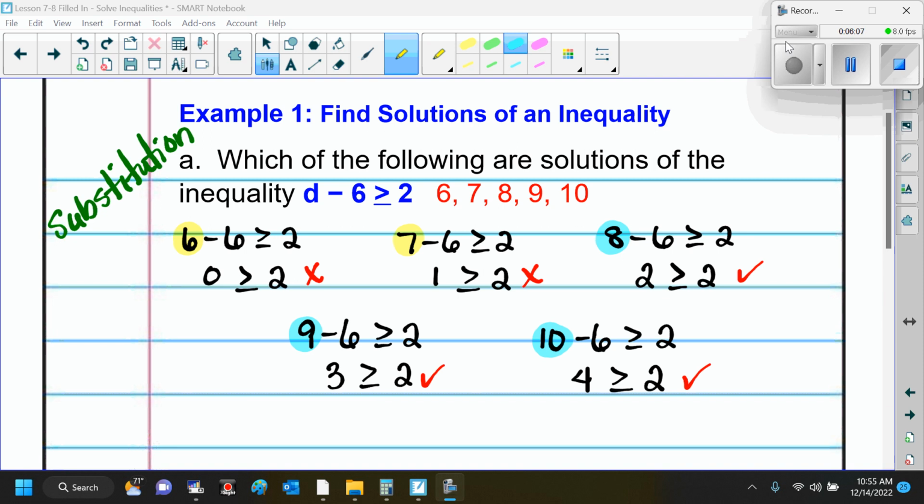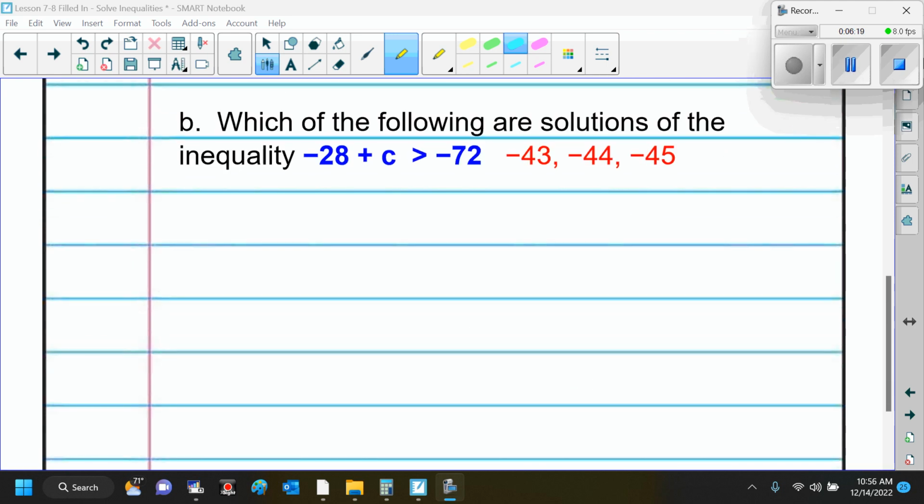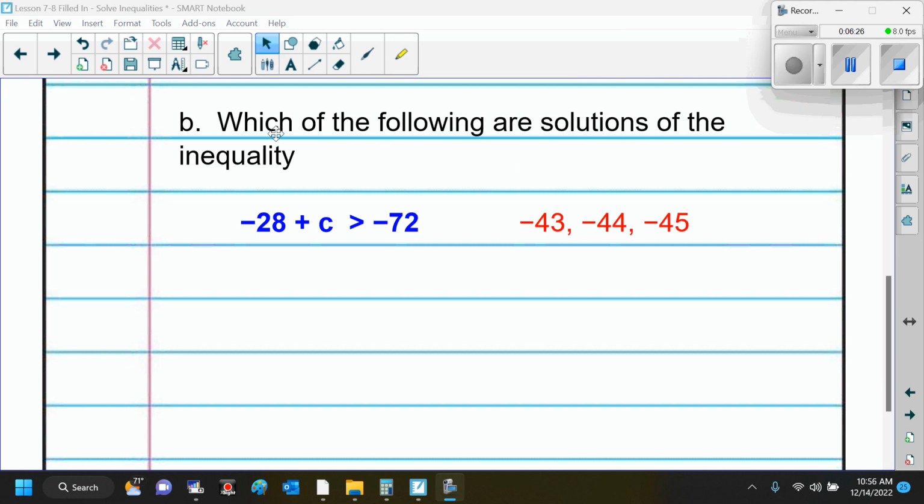The next way I'm going to show you is using your inverse operations. You already know how to use your inverse operations, right? We're going to use our cover-up, right? Okay. So we want to know which of the following are solutions to negative 28 plus c is greater than negative 72.